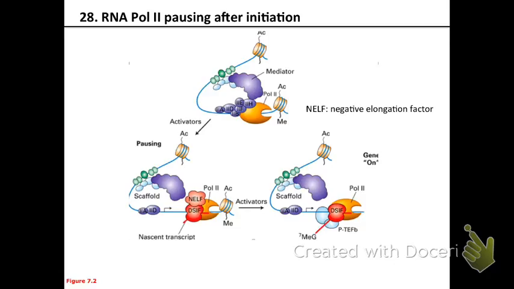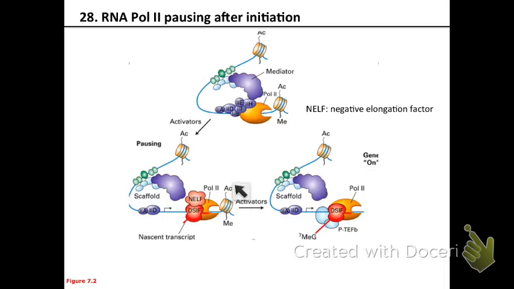Okay, so what happens is RNA polymerase stops. What we call that is pausing. It pauses after it elongates a certain number of nucleotides. It stops, and that is regulated by this protein called the negative elongation factor. So if it interacts with the RNA polymerase, it negatively regulates elongation, so the RNA polymerase stops.